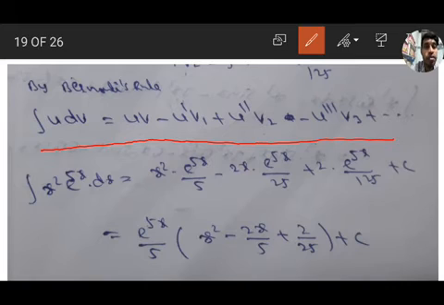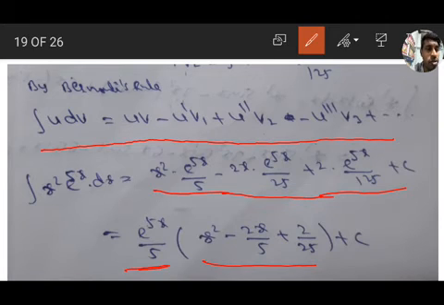So, integration of x square into e to the power of 5x dx equals x square into e to the power of 5x by 5 minus 2x into e to the power of 5x by 25 plus 2 into e to the power of 5x by 125. So e to the power of 5x by 5 is common. First one, x square, minus 2x by 5, plus 2 by 25.